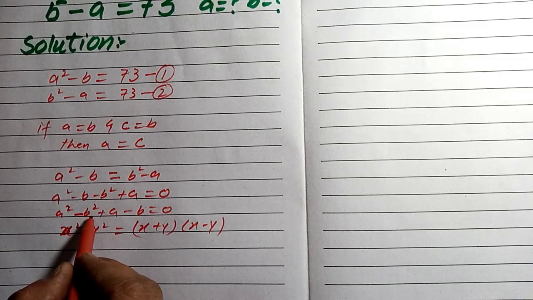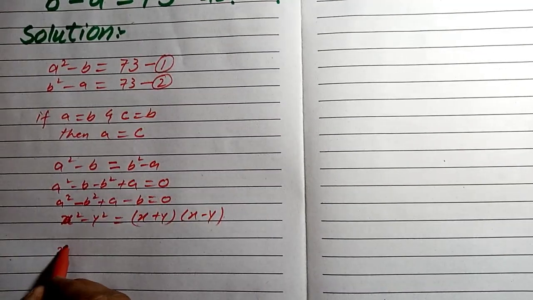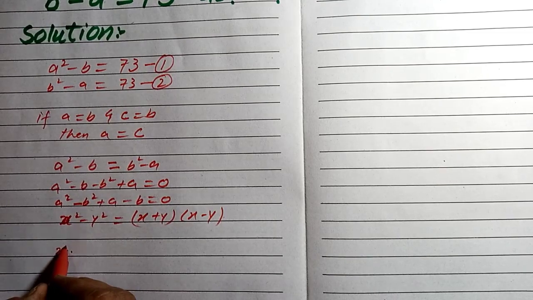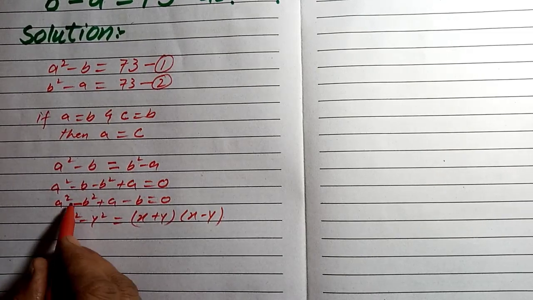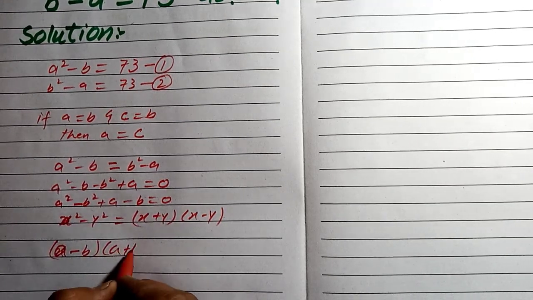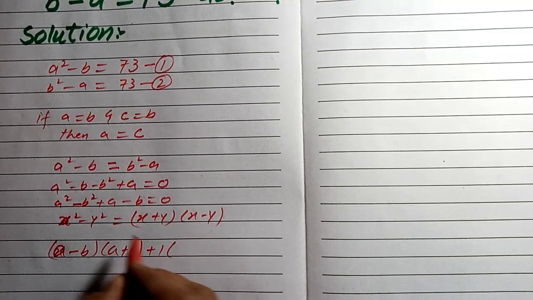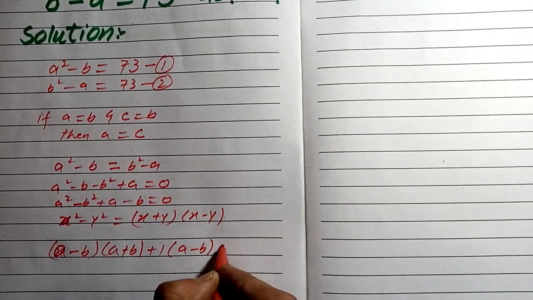So this equation is converted as a minus b times a plus b, and on this side we can take common 1, and then we get a minus b, which is equal to 0.